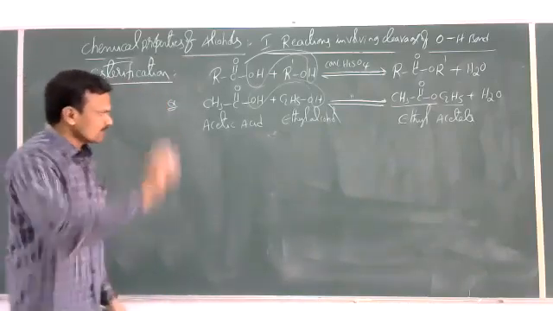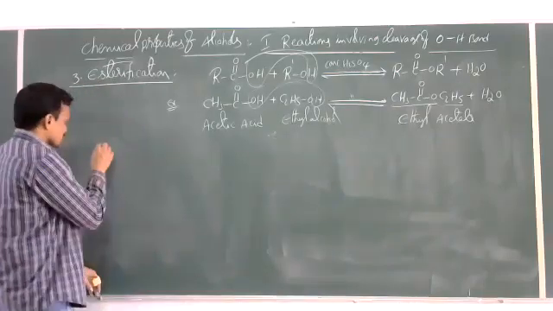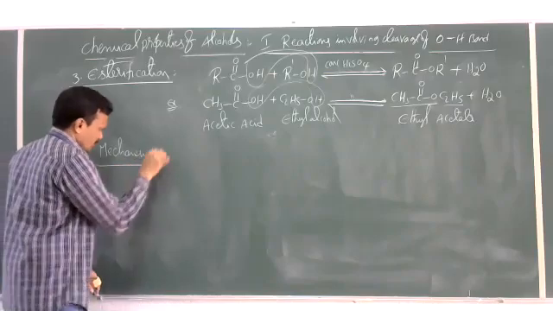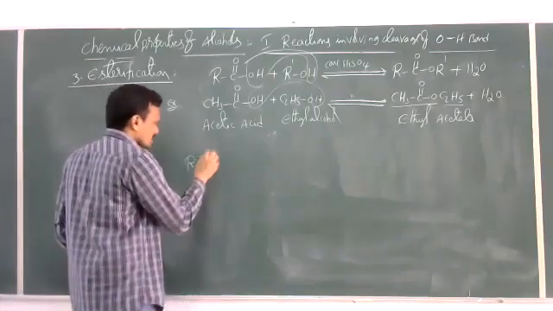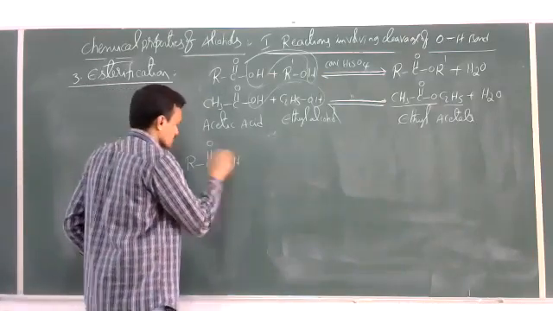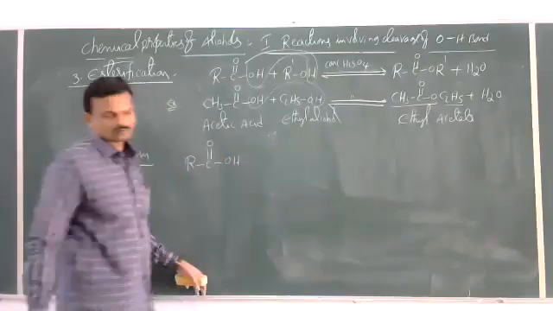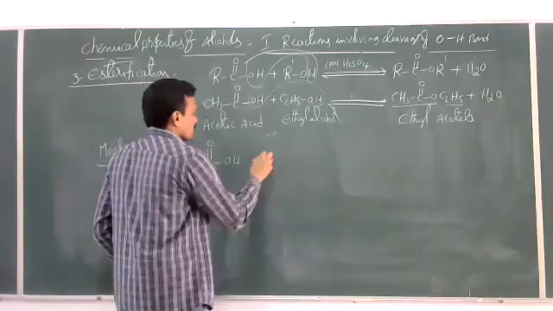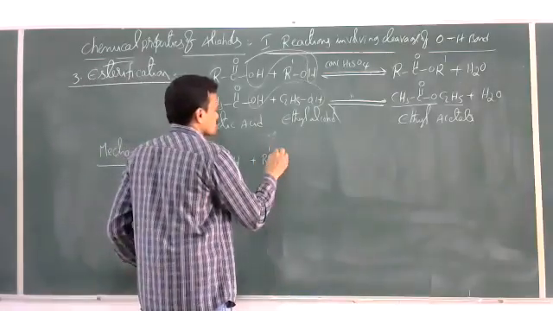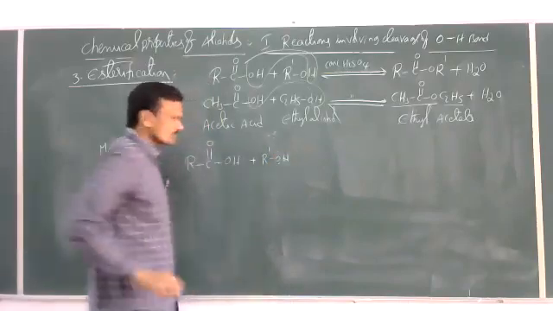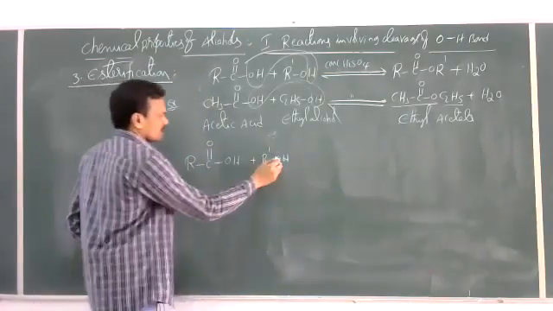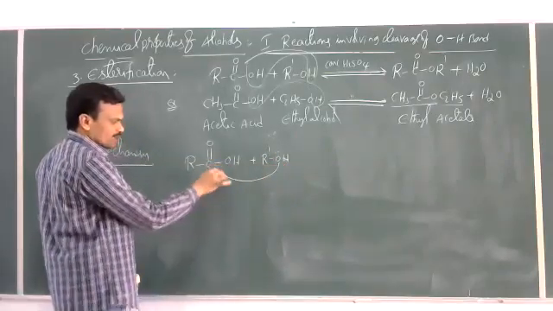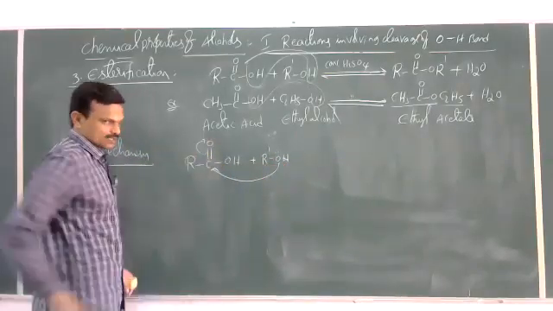Now here I'll show the mechanism for this, a simple mechanism. So this is a brief mechanism. See, RCOOH is there, plus R-OH. First here, this oxygen attacks this carbonyl carbon, then this electron pair is gained by oxygen.